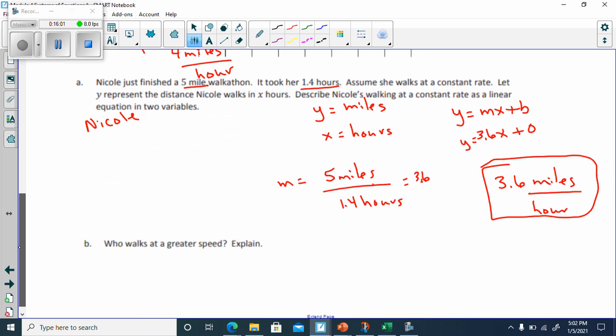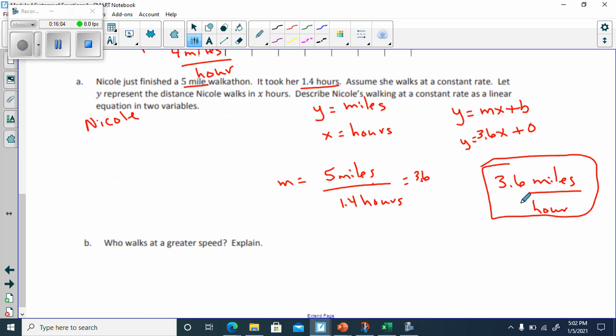Who's going faster? Nathan at 4 miles per hour or Nicole at 3.6 miles per hour? Nathan is going faster. He's walking at 4 miles per hour. Explain.